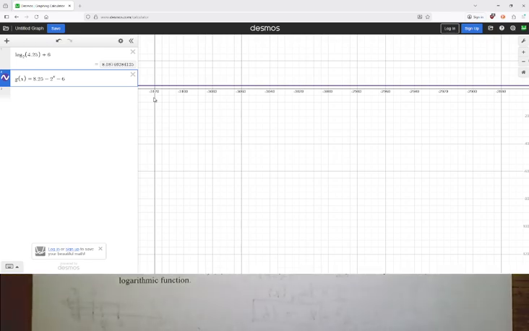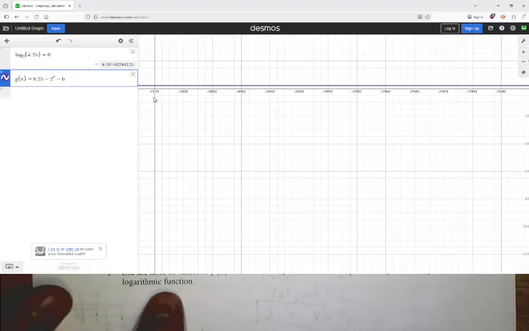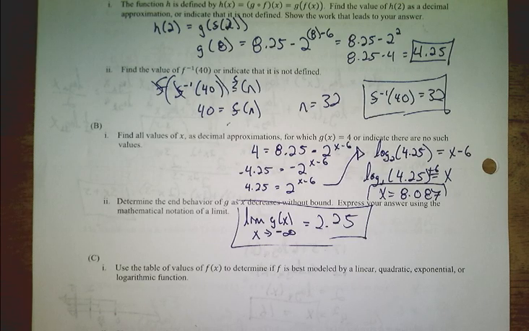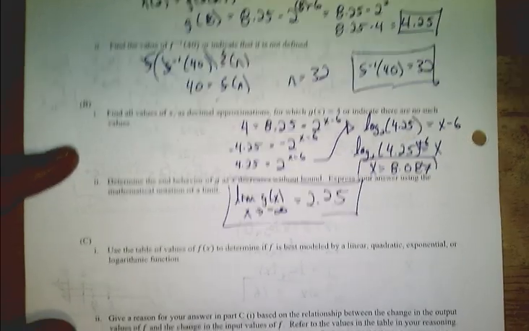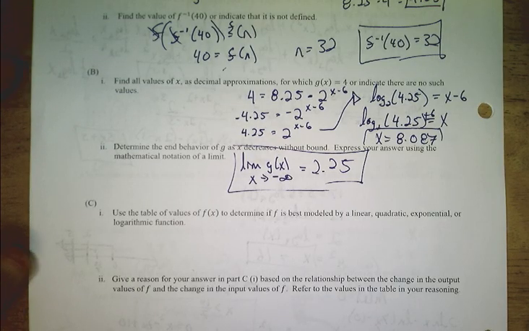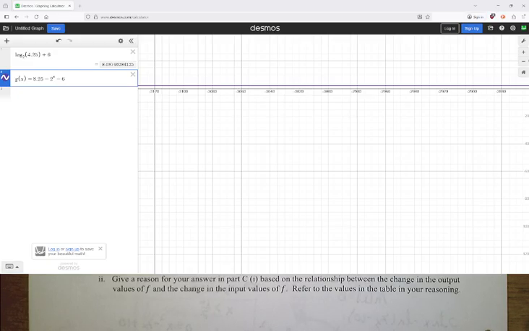Okay. Use the table of values. So now we're going to use the table of values of f of x to determine if f is best modeled by a linear, quadratic, exponential, or whichever. So we need to go back and enter f into our calculators.